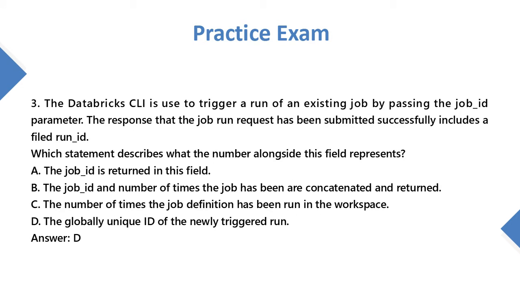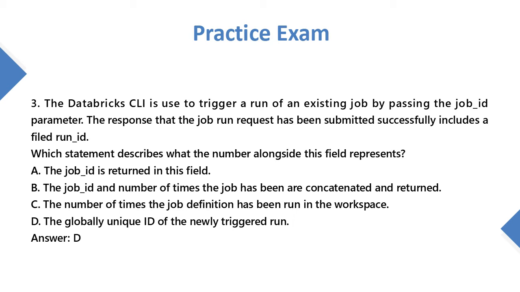3. The Databricks CLI is used to trigger a run of an existing job by passing the job_id parameter. The response that the job run request has been submitted successfully includes a field run_id. Which statement describes what the number alongside this field represents?